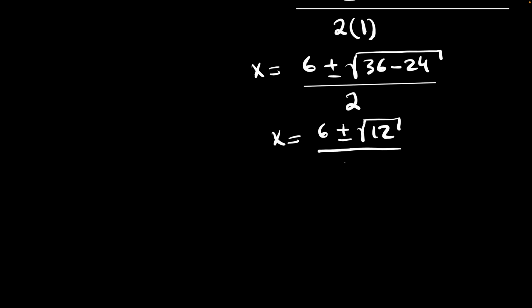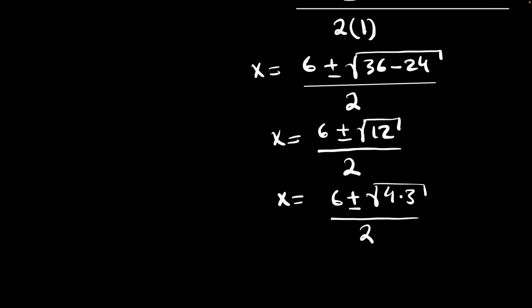over 2. Here, guys, I can write 12 as 4 times 3. So x is equal to 6 plus or minus the square root of 4 times 3, over 2.